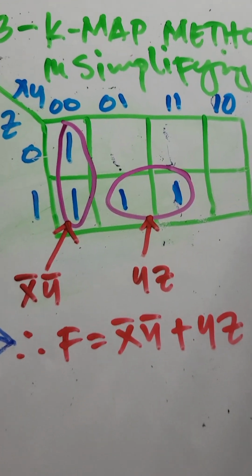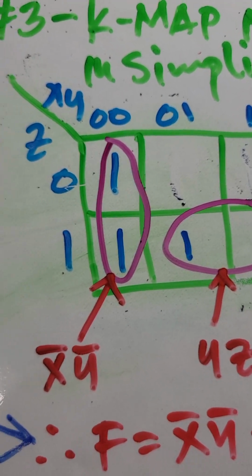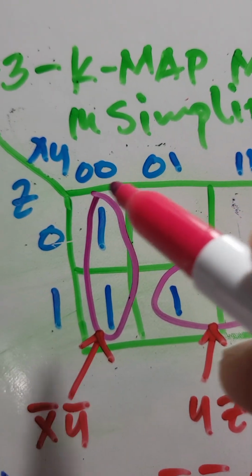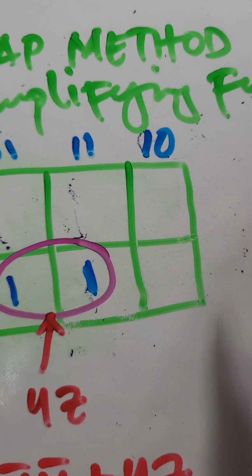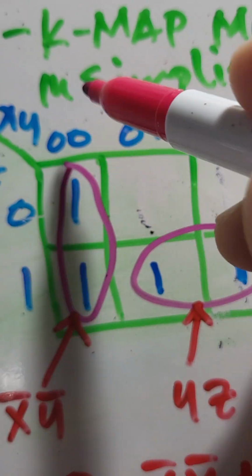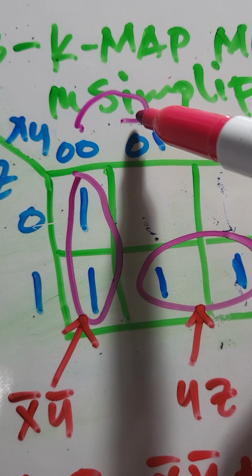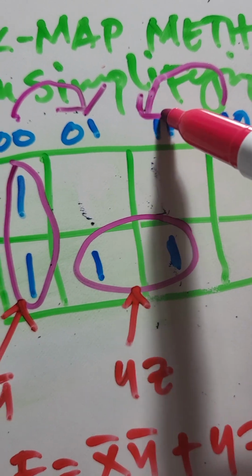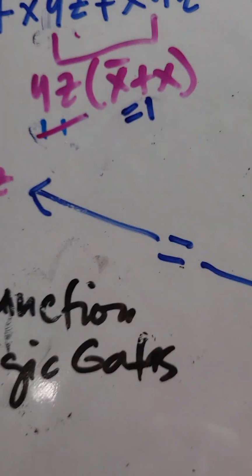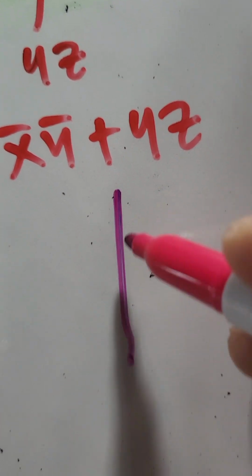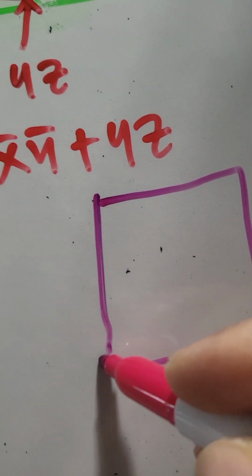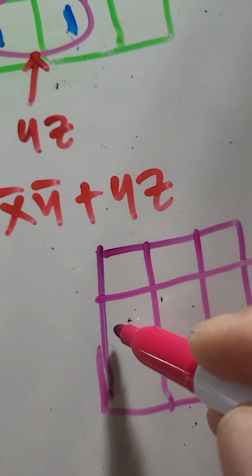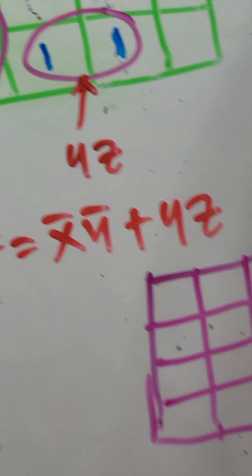In the Karnaugh map method here, xy is on the top, z at the bottom. So the combination of xy is 0 0, 0 1, 1 1, 1 0. Again, if you remember from last time, it is like in a two-variable truth table, because we're dealing with xy on the top of this map.